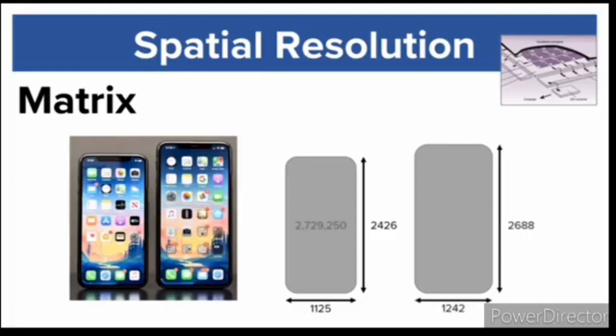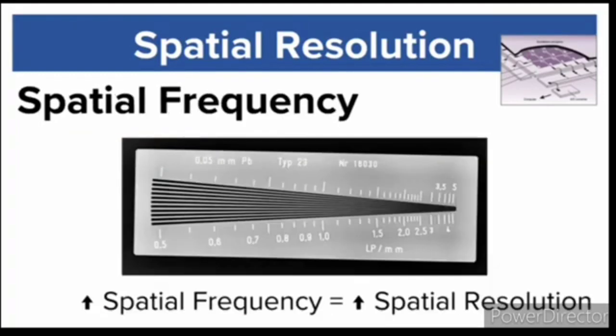The left iPhone has 2,729,250 individual pixels, and the right iPhone has 3,338,496 individual pixels. So, an increase in spatial frequency or an increase in line pairs per millimeter increases spatial resolution. Or, as spatial frequency increases, we are able to resolve smaller and smaller objects.